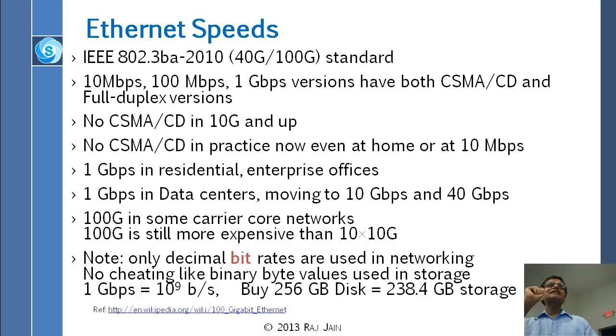Now, there is one interesting note I want to point out. People don't understand that we networking guys talk about bits, not bytes, first of all. Second, we talk in decimals, not in hexadecimal or binary numbers. So when we say 10 gigabit, we really mean 10 raised to 9 bits per second, period. And why bits, not bytes?